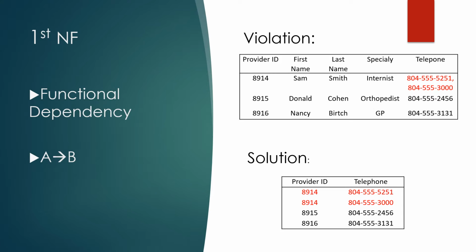For example, if the telephone number is a practice number, then more than one provider can be listed under the same number. Therefore, if we know the telephone number, we don't necessarily know the provider. However, if we know the provider, we know the telephone number.